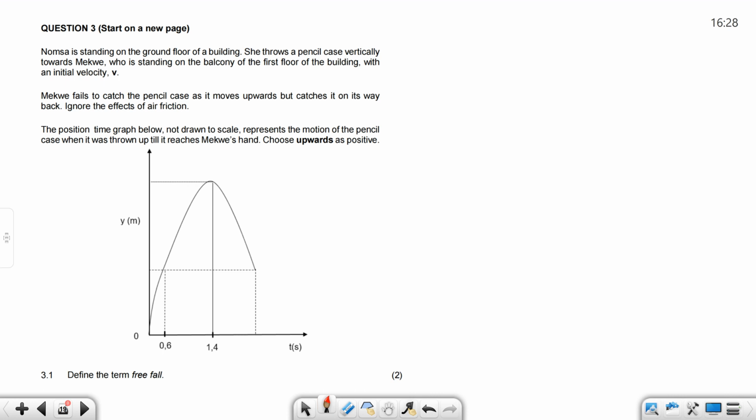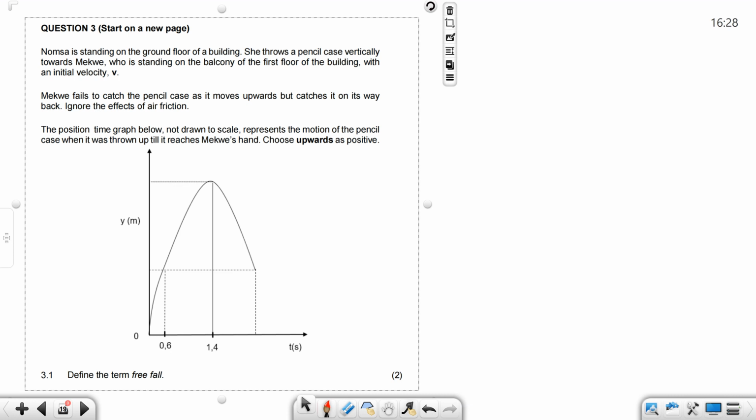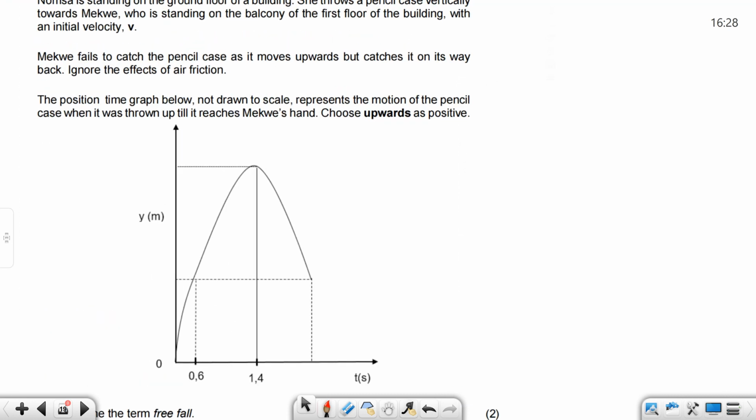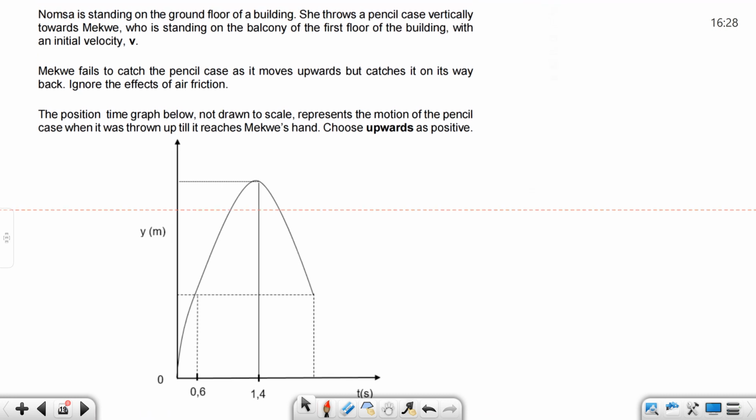All right, let's go for this vertical projectile motion. Here we have two. Please quickly read. Let's read the whole statement.